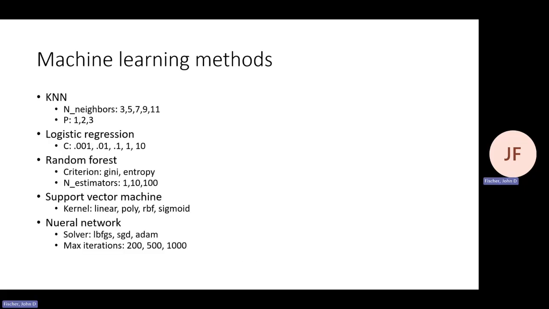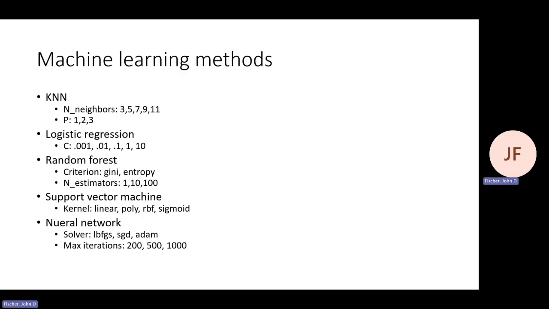So there are 5 machine learning methods that I've used to compare to each other. So that's KNN, the k-nearest neighbors, the logistic regression, random forest classifier, a support vector machine. I used a support vector classifier for that, and a neural network, which I used the MLP classifier for. So below each of these machine learning models are the hyperparameters I tested for.